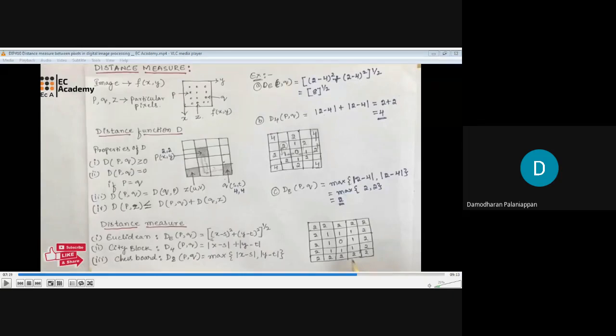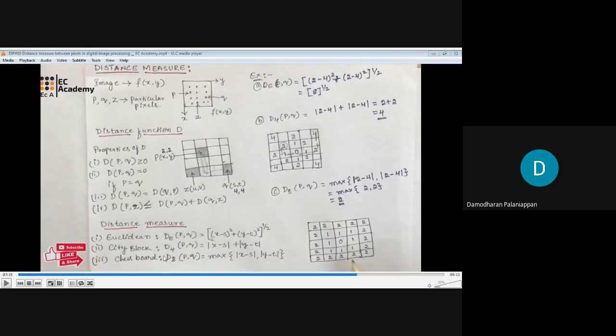Now, a recap of the different types of distance measures: Euclidean distance, city block distance, and chessboard distance. With the Euclidean method, we find the distance between two pixels within the range of a radius.